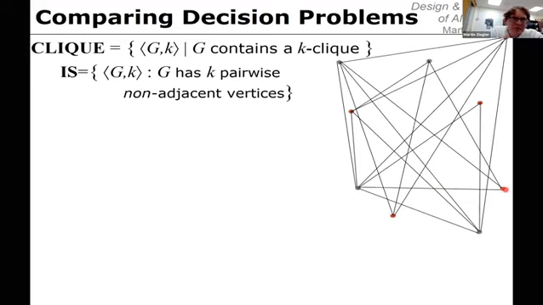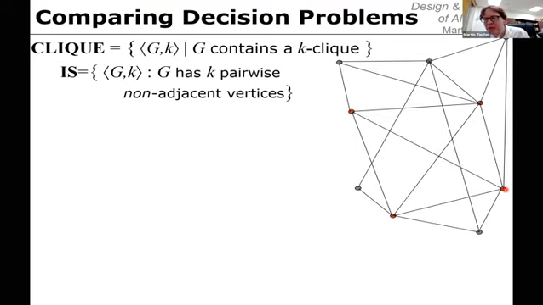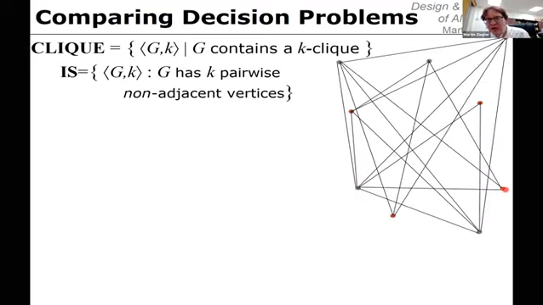This is called the complement of a graph. So one graph is the edge complement of the other. Whenever an edge is present between two vertices in this graph, then the very same edge is absent here, and vice versa.